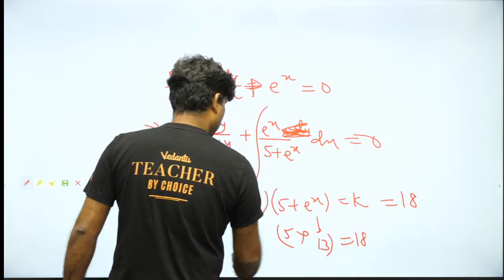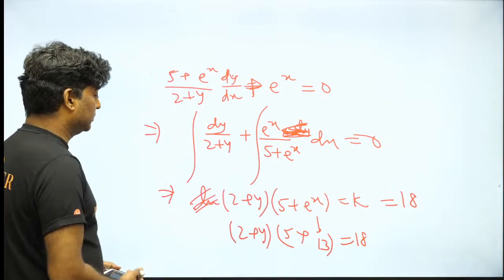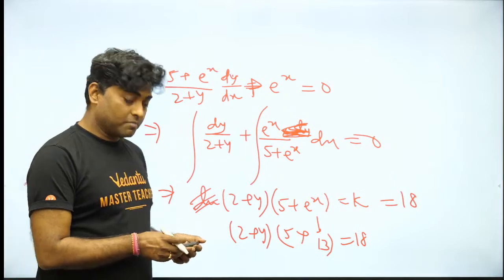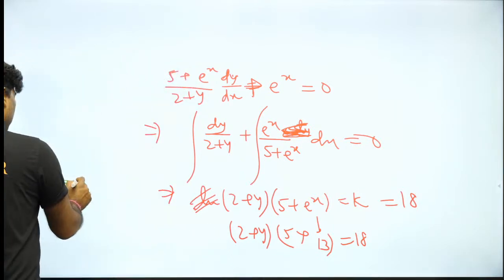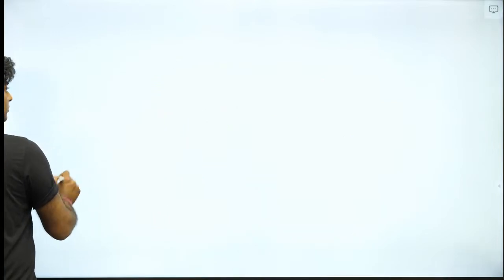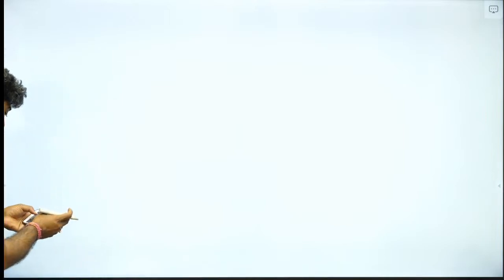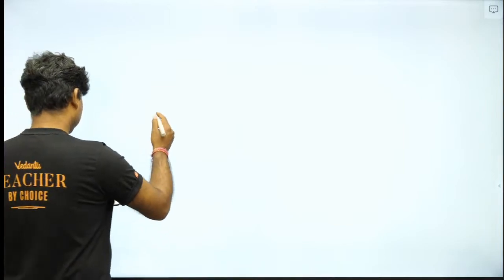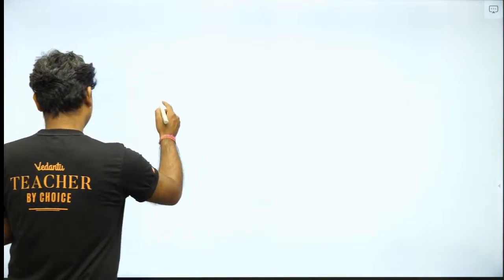And what is y when x is ln of 13? When x is ln 13, e raised to the power x is 13, right? So this becomes 18. Then y plus 2 is 1, so y is minus 1. Isn't it, bachcho? This was a very simple problem. Now come to the next one.